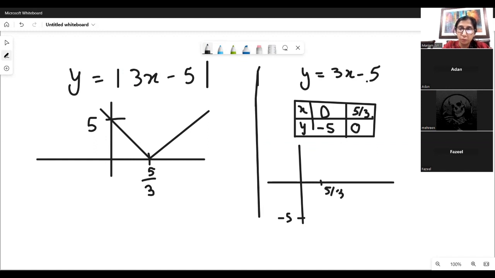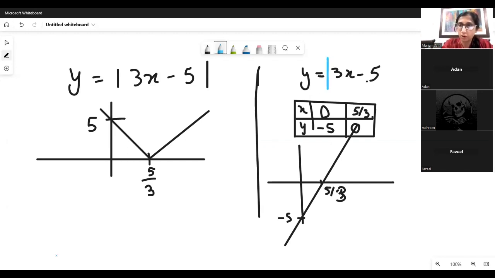So the graph without the modulus function would look like this. This would be the graph for y equals 3x minus 5. However, if we place modulus around 3x minus 5, that means the graph can no longer be negative. So the negative side, this side, gets reflected upwards.